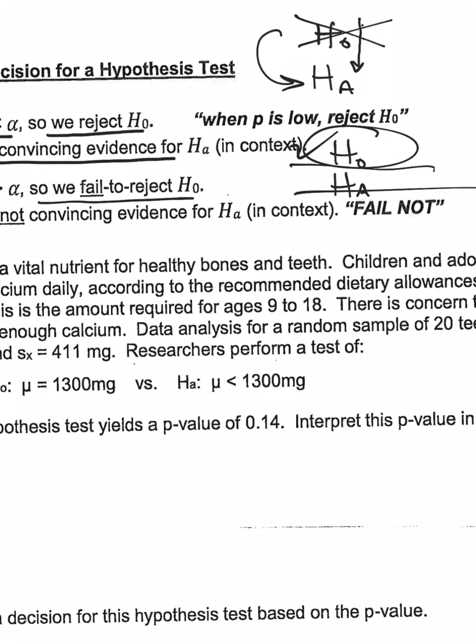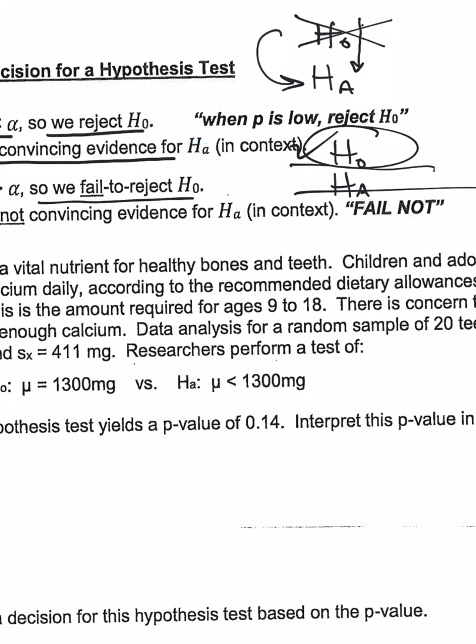So if we reject the first one, then we need the other one. Yes. Then there is convincing evidence for the other one. If we fail to reject, there is not convincing evidence for HA. In the second part of this, I want you to notice, what's always referred to in the second part?